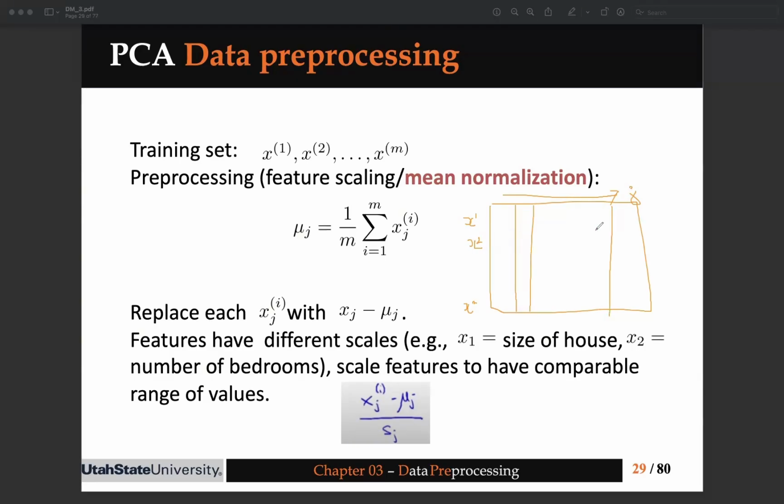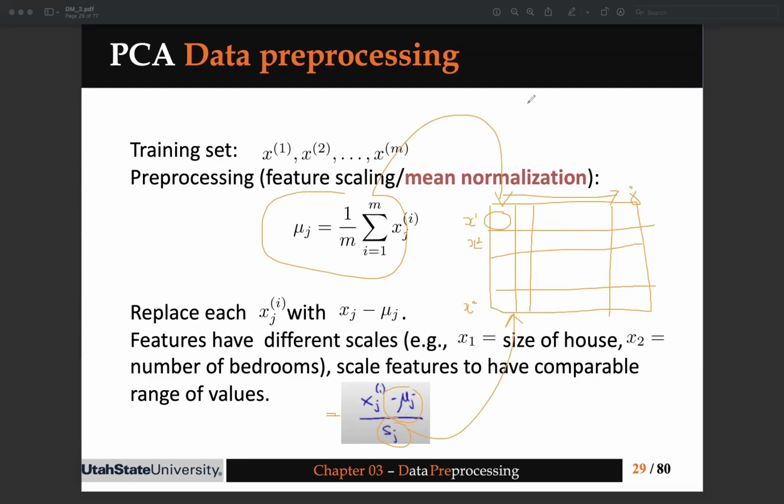For every single tuple object that we have here, we apply the mean per column and the standard deviation per column, and for every single value I replace it with the new standardized value, which is the old value minus the mean of that column, over the standard deviation of that particular column.